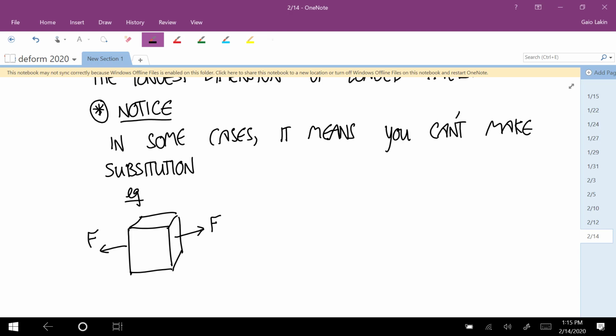But then you have to think of the longest dimension of the loaded face, which would be like the diagonal. And you can only trust your results where you're at least that far away from the loaded face, which covers the whole thing. And so in a loaded member like this, there's no part that you should expect to trust according to Saint-Venant's principle.